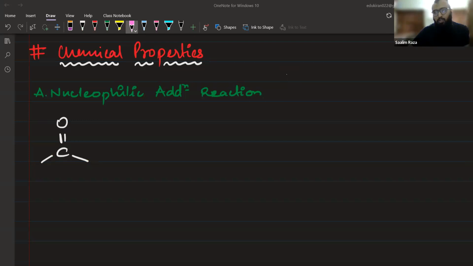So oxygen will pull the electrons, yes or no? That will get a negative charge, delta negative. Correct, guys? Oxygen will get delta negative, and carbon will get delta positive.